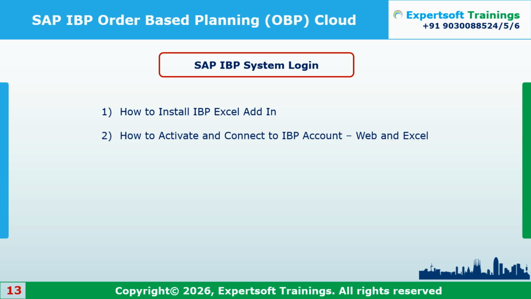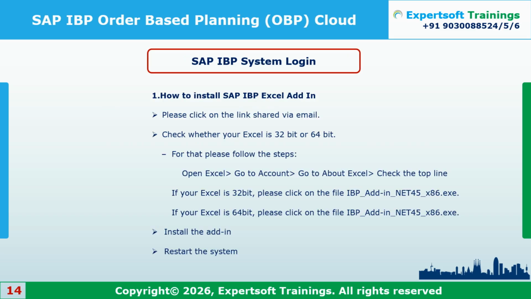Let me know once you are able to see my screen. Yes, I can see. As we have two UIs, one is the Excel UI and the other is the Web UI. In order to access IBP via Excel, you should have the Excel add-in in place. So I'm skipping this.